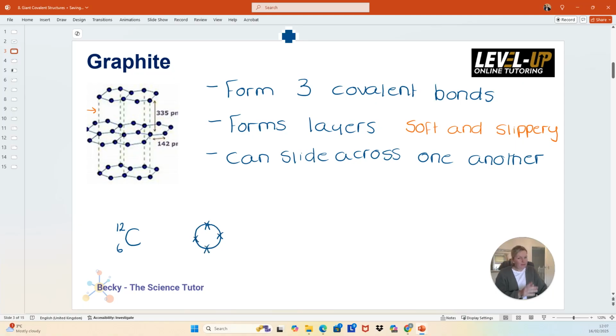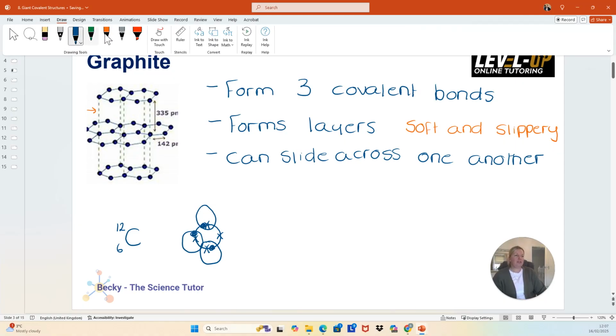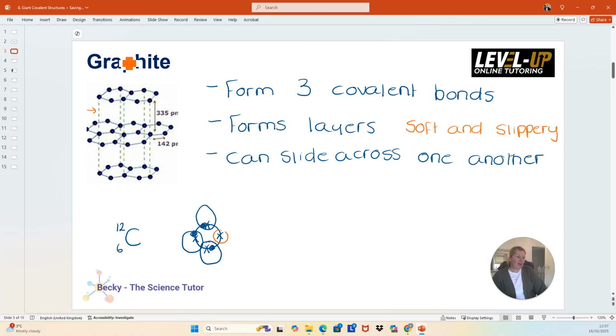Now remember that this time each carbon is bonded 3 times. So if I simply bond this to another 3 carbons and I share those electrons, remember we're talking about covalent bonding, got shared electrons, what this does is it means that each carbon then has 1 free or spare or delocalized, whichever term you want to use, but it has 1 free electron.